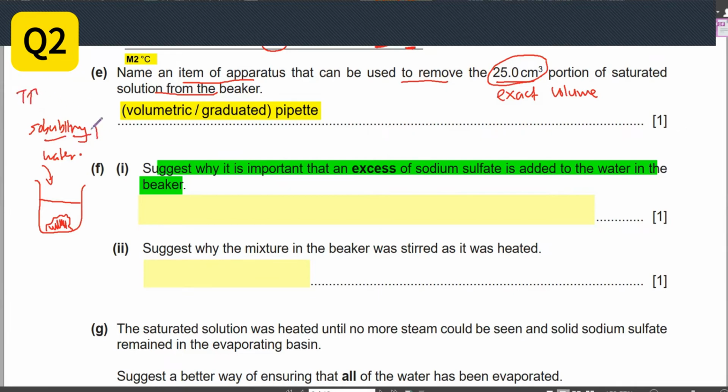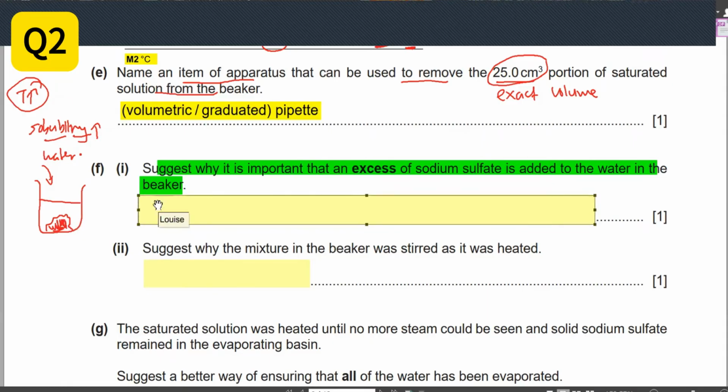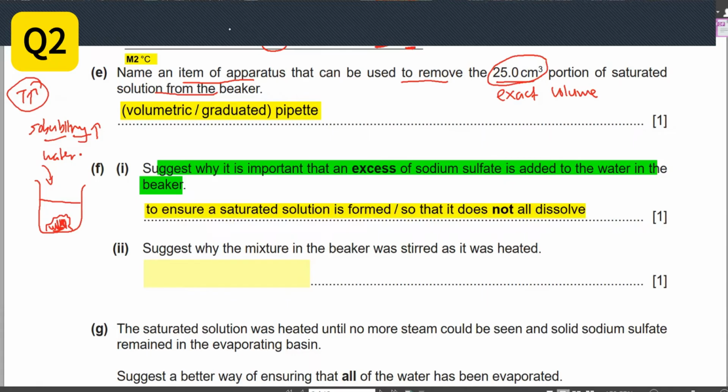When the temperature increases, the solubility increases. So we need to make sure that after we increase the temperature, we still have enough sodium sulfate to dissolve. That's the main point: to ensure we can form a saturated solution so that not all dissolves. We want something to remain, making sure that we have enough to dissolve in all of the water.